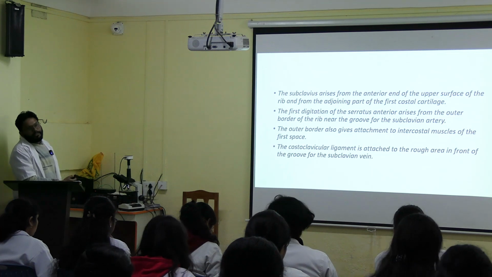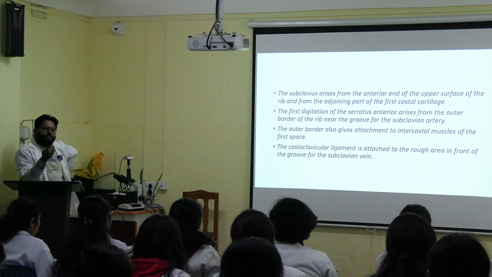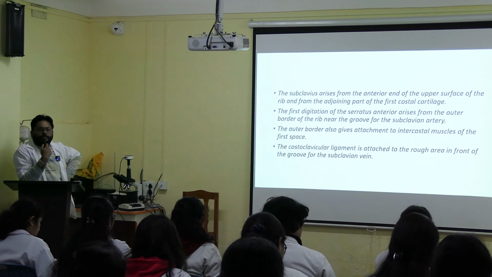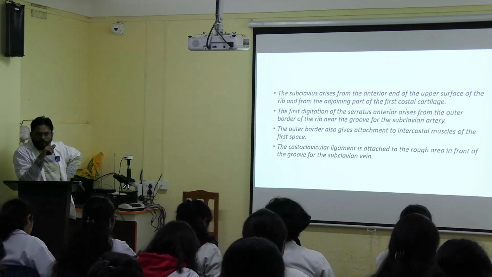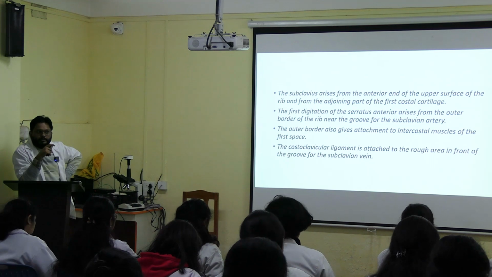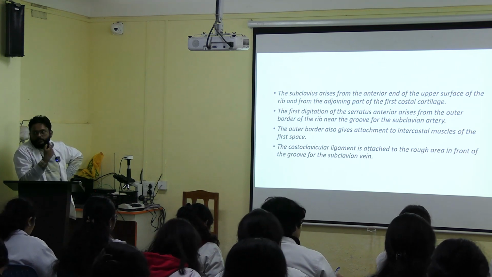And there is one ligament in the anterior portion. Which ligament? Costoclavicular ligament. This is present between the groove for subclavian vein and the anterior end, where the subclavius muscle is and where the subclavian vein is.